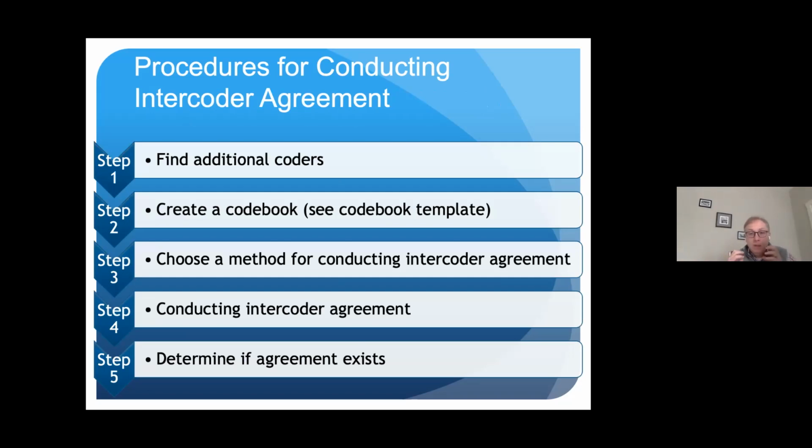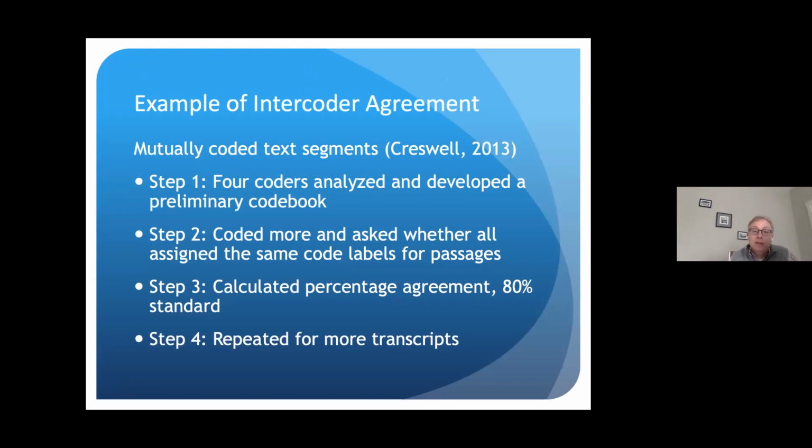So after you go through that initial transcript or two, you have a code book. Then you might have an agreement exercise where you have two or more individuals use that code book and apply it to the same transcript, and then conduct this intercoder agreement exercise and determine if agreement exists or not.